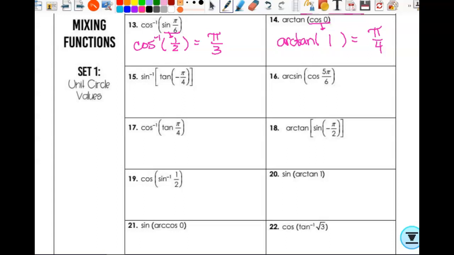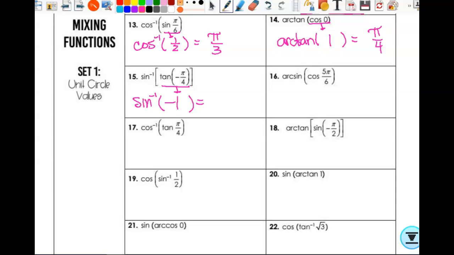All right. So now, sine inverse of, all right, so tangent of negative pi fourths is going to be what? Negative 1. Good. And then the sine inverse of negative 1. Okay. Heard a couple correct things, couple almost correct things. Now, when I think about my values, I think about them as positive values.